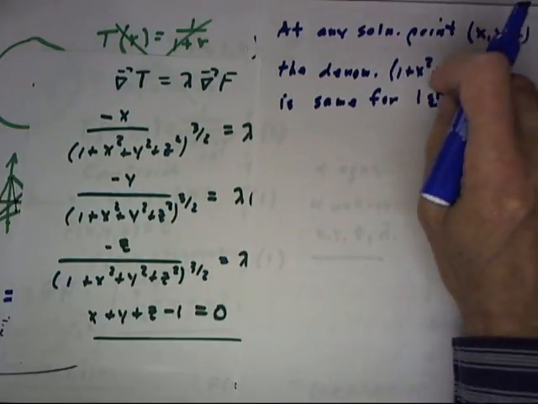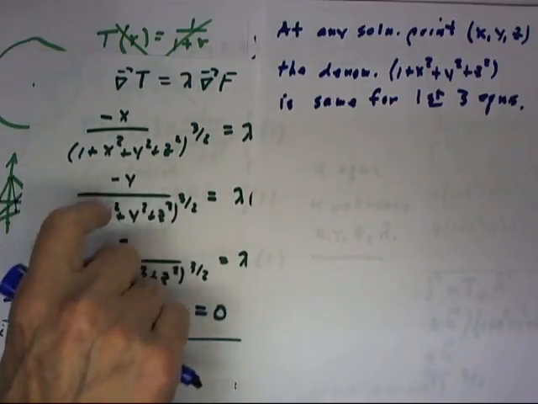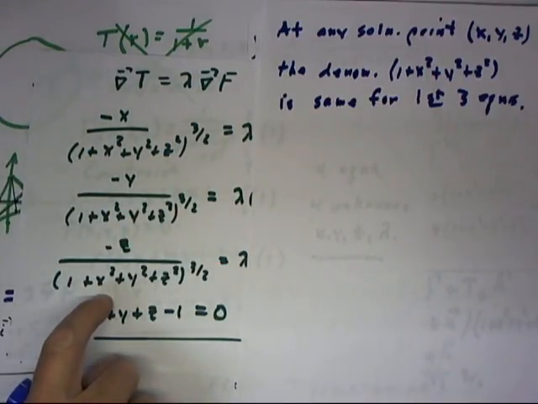So whatever your solution point is, the denominators are all three the same at that solution point.